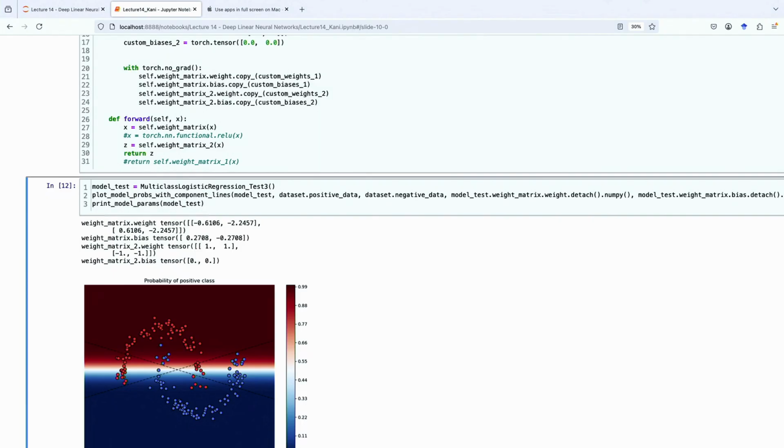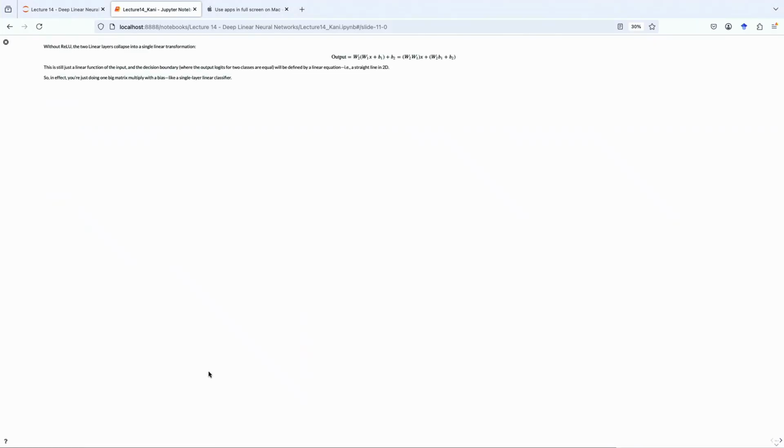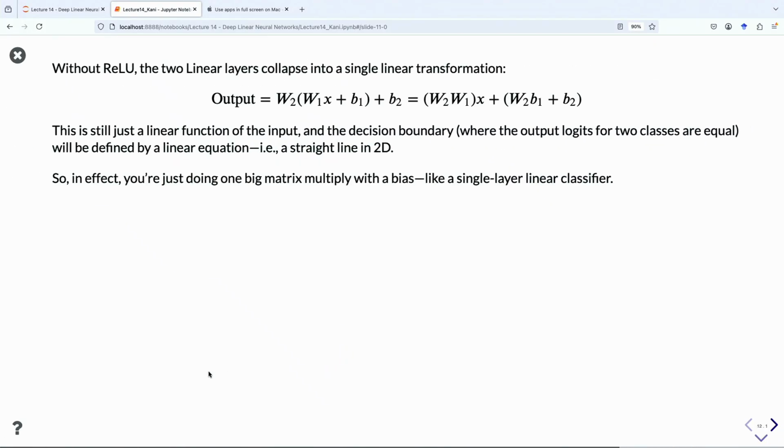So what's so special about that activation function? Well, let's think about it. Without the ReLU, the output is simply first layer goes into second layer, plus bias. In this case, we set the bias to 0. That's without the activation function.